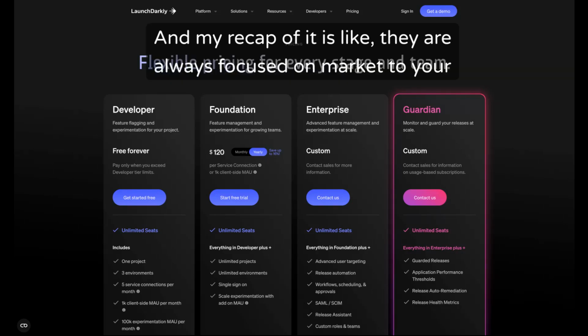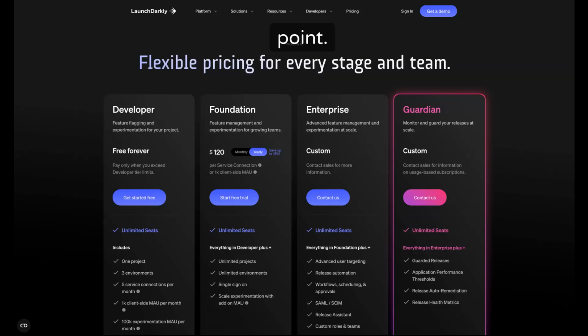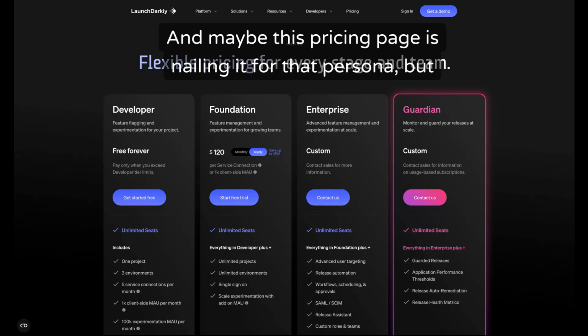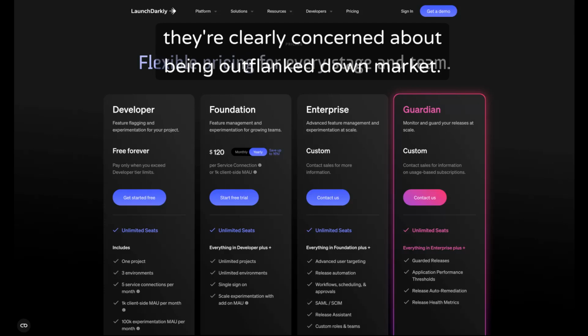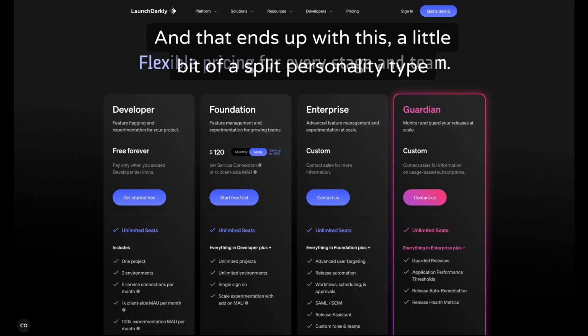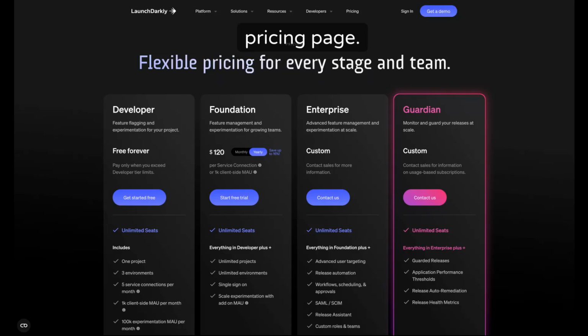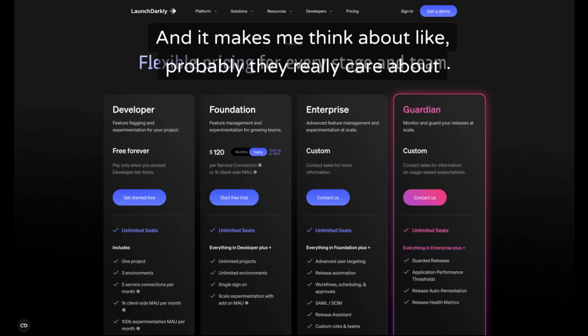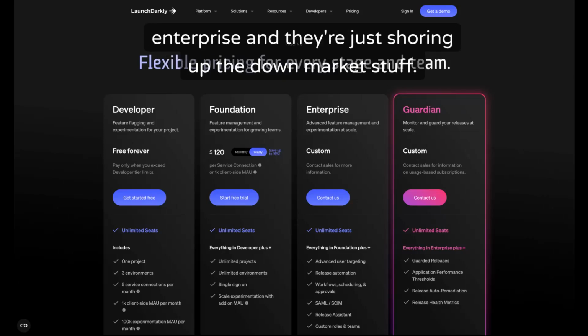Yeah. And my recap of it is, they are always focused up market, to your point, and maybe this pricing page is nailing it for that persona, but they're clearly concerned about being outflanked down market. And that ends up with a bit of a split personality type pricing page. It makes me think they really care about enterprise and they're just shoring up the down market stuff.